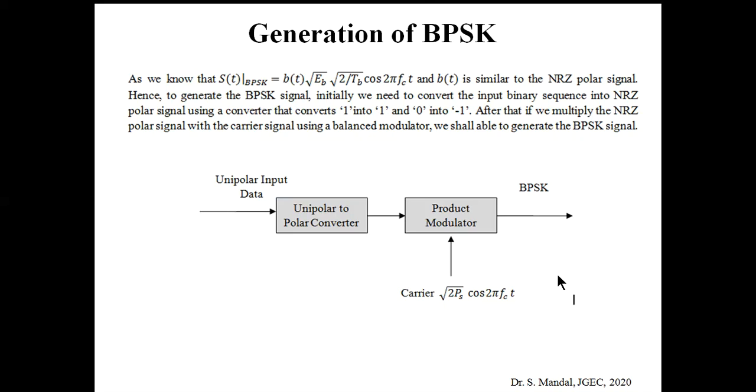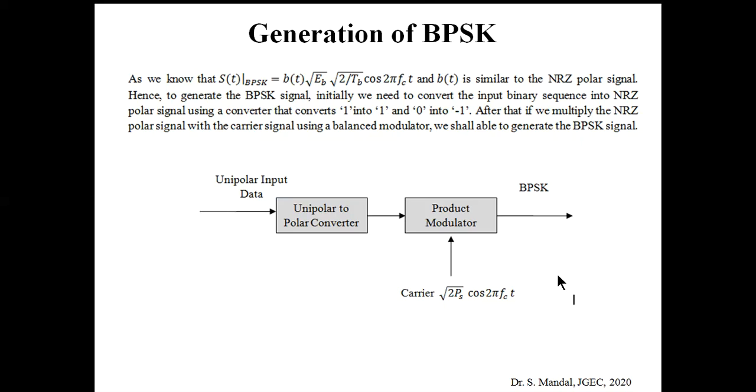Okay, so whenever we want to generate a BPSK signal, initially we need to convert the initial bit, which is input unipolar energy type of data, into the polar signal. So we need a converter that converts the unipolar energy into the polar energy. That means we will convert the initial bit into the BT.